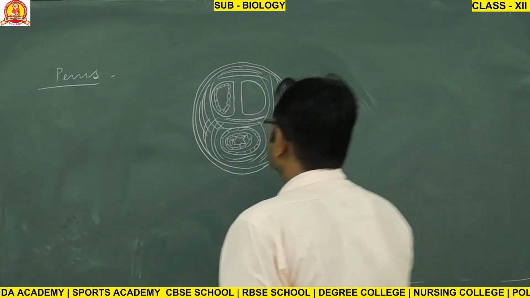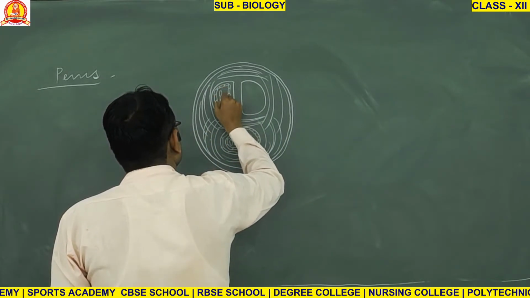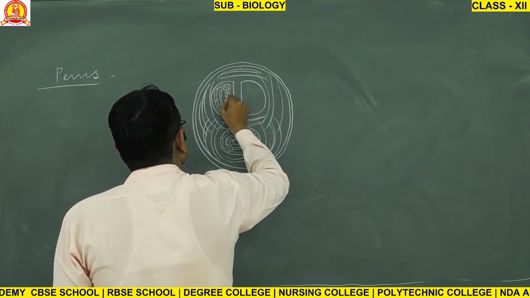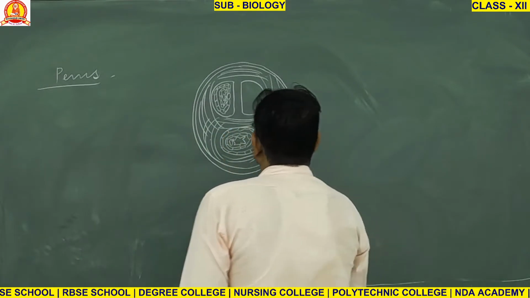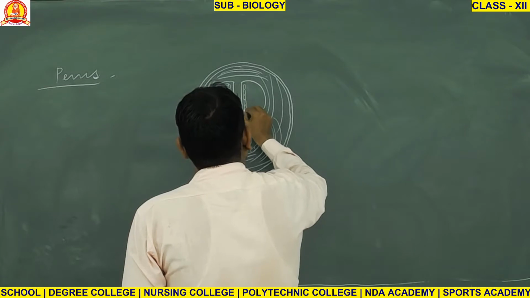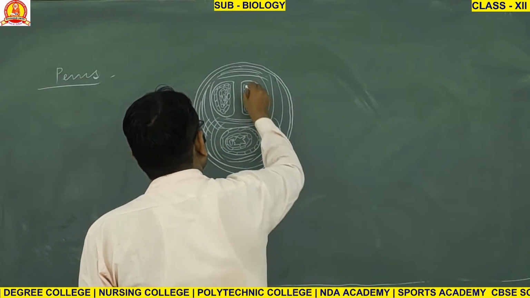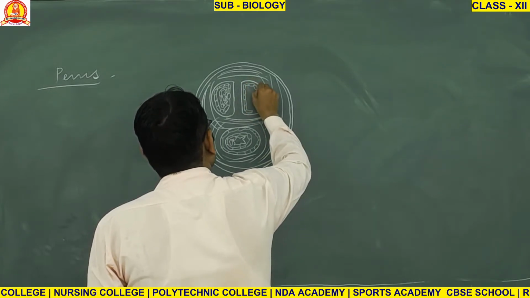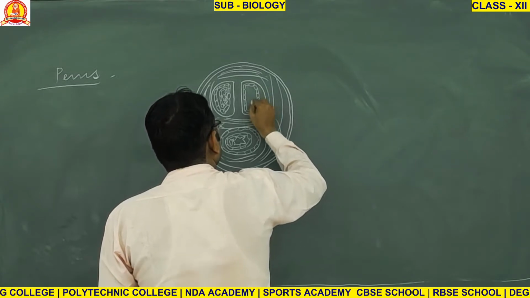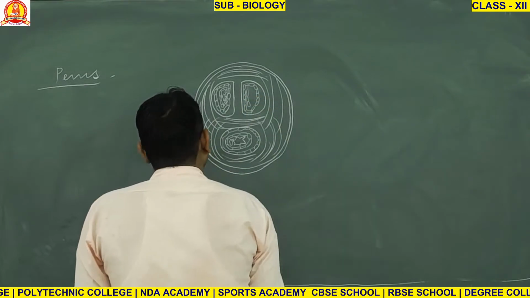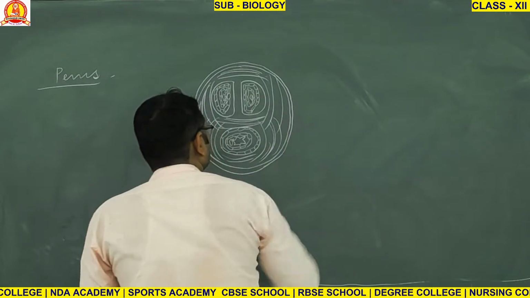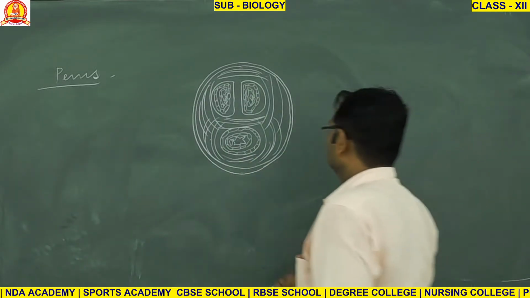This is the transverse section of a penis. This is skin, the outermost layer.